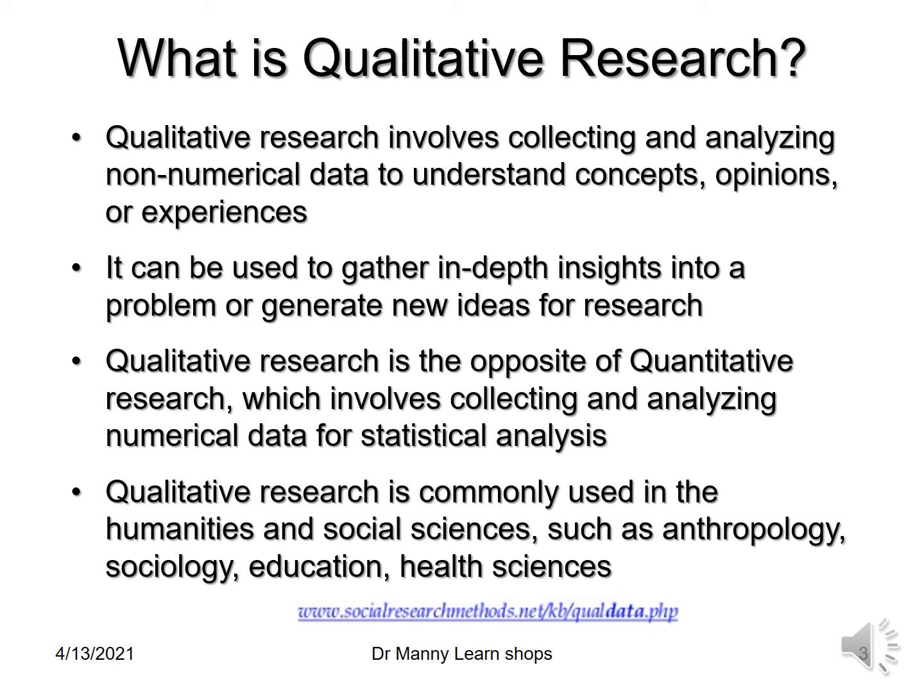Qualitative research is the opposite of quantitative research, which involves collecting and analysing numerical data for statistical analysis. Qualitative research is about people. Quantitative research is about numbers. From my perspective, qualitative research is commonly used in the humanities and social sciences such as anthropology, sociology, education, and any of the health sciences, which includes nursing, which we've covered before.